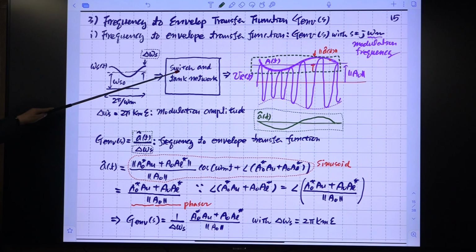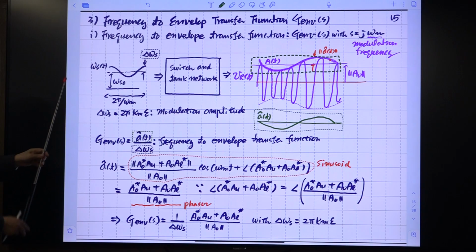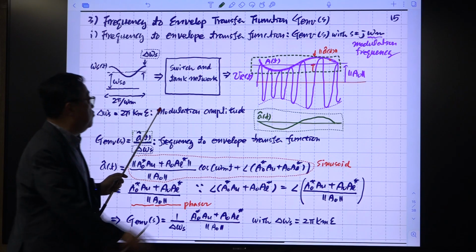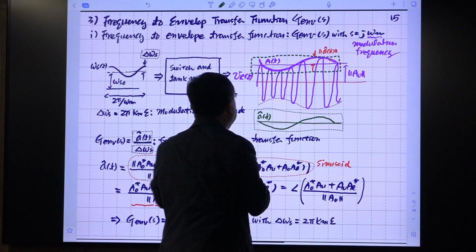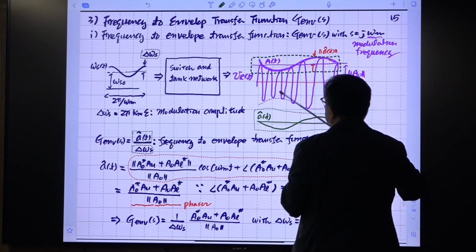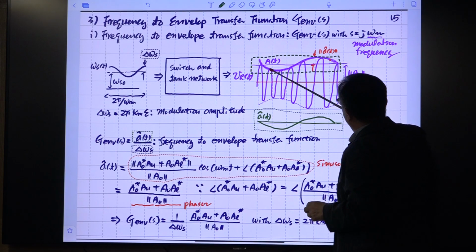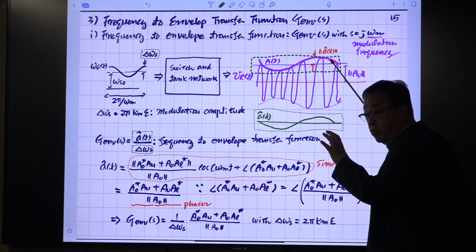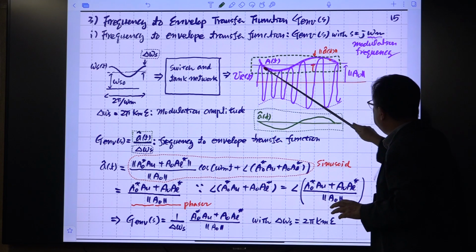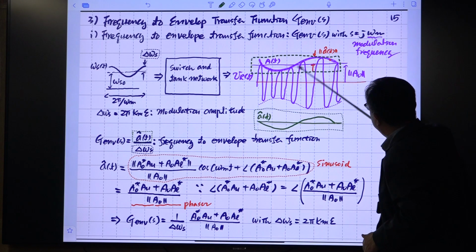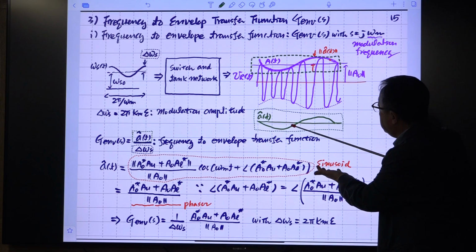You have a switch and tank network, and the input to the process is actually considered as this variation in switching frequency centered around this unmodulated switching frequency. And with that, through this tank, we have some waveforms similar to this, and there is an AC variation in its envelope, the connection of the peak values here, and we take only the AC component over here, okay?